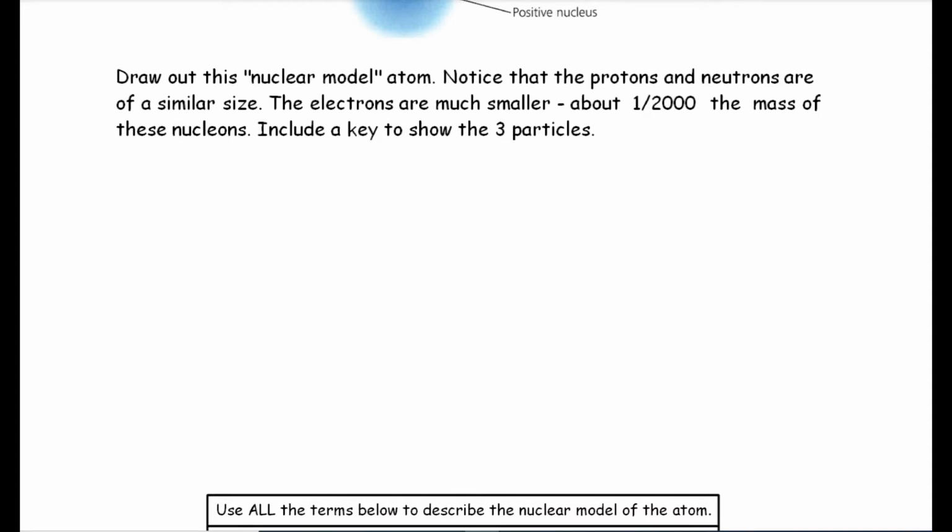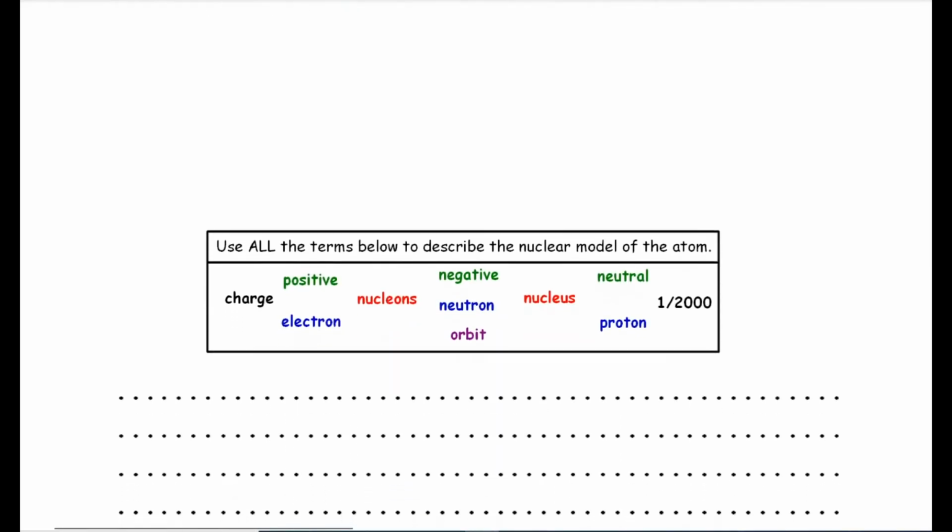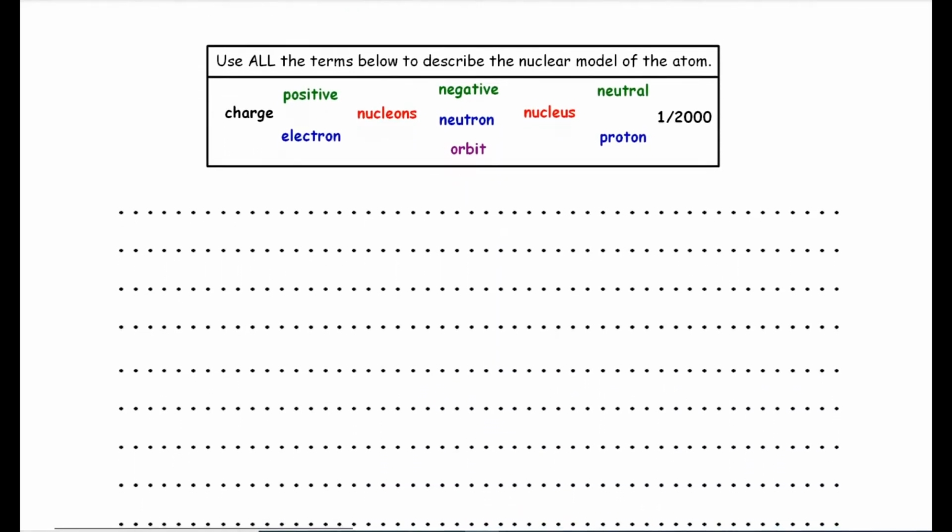Okay, well, I'm going to do one in a moment, and I'll draw the atom underneath, and then what you have to do is describe the nuclear model of the atom, and this part here is for you to do. Right, so that'll be a teacher assessment part. Teacher assessed.